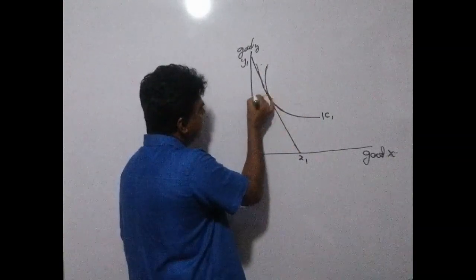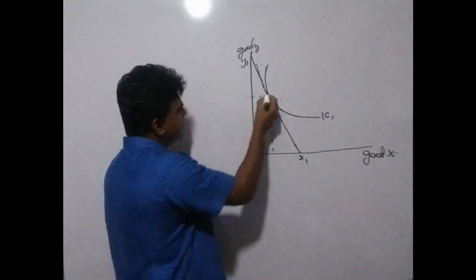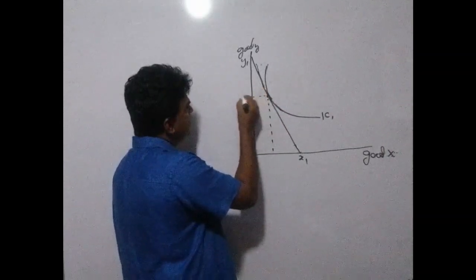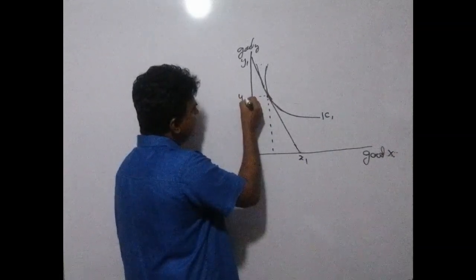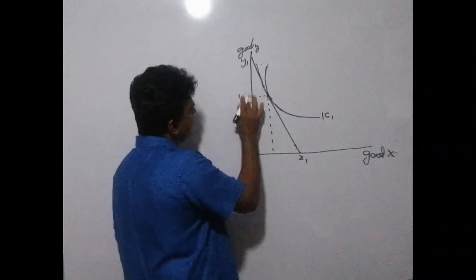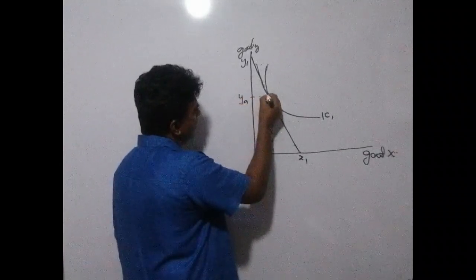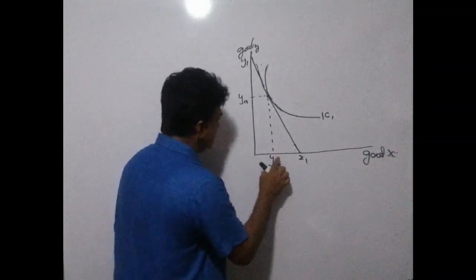We can say the consumer is in equilibrium when the consumer is using y1, we'll say YA and this is XB.